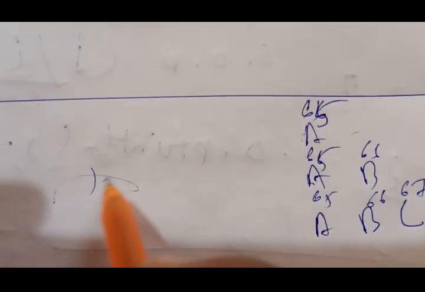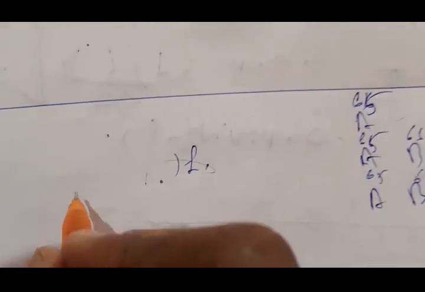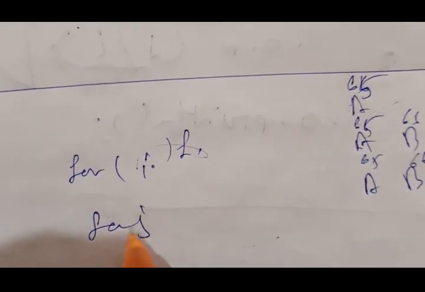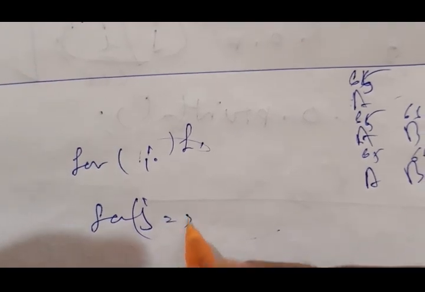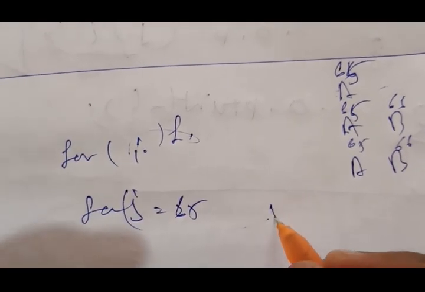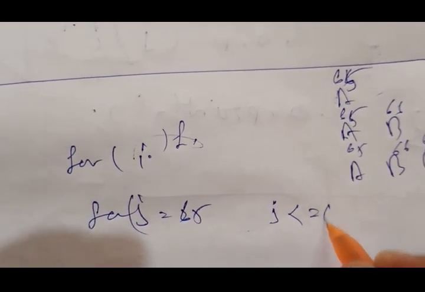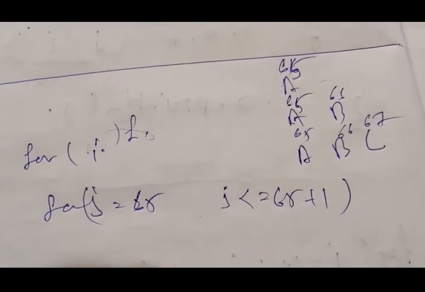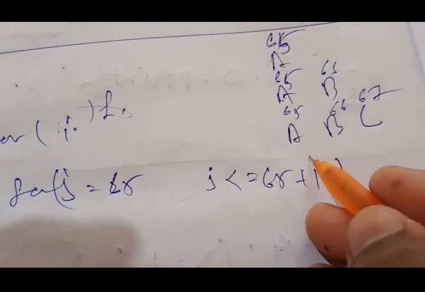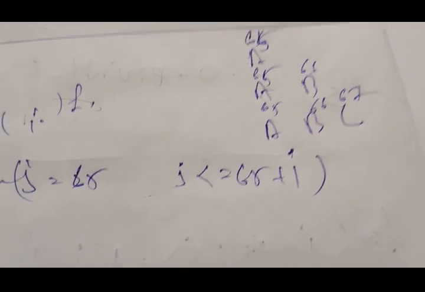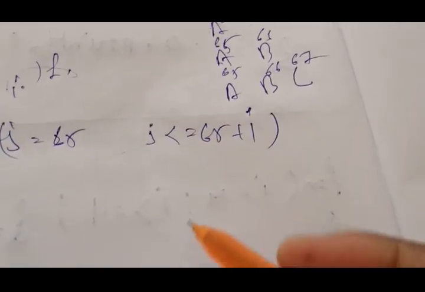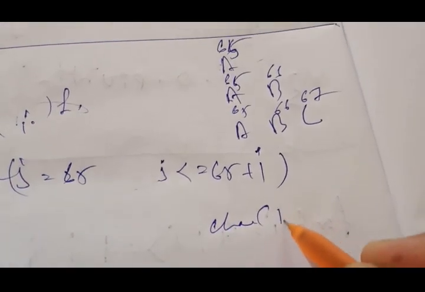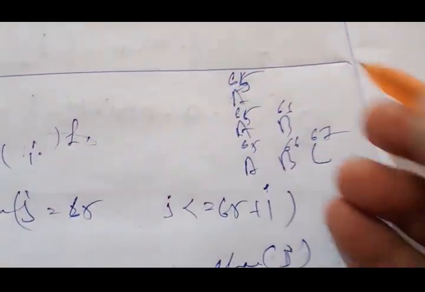Same thing, for the inner loop you have two loops, for i and for j. This j starting value is 65 and j is less than or equal to 65 plus i. That is the condition, and you print the char value of j, then you get A, next time AB, next time ABC, ABCD, like that.